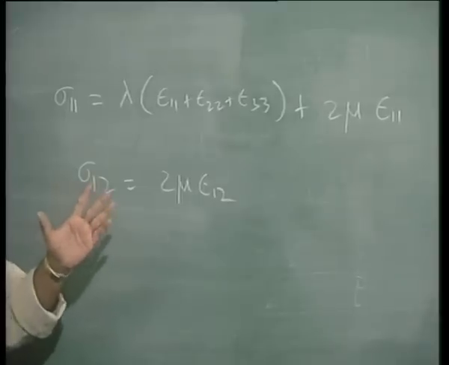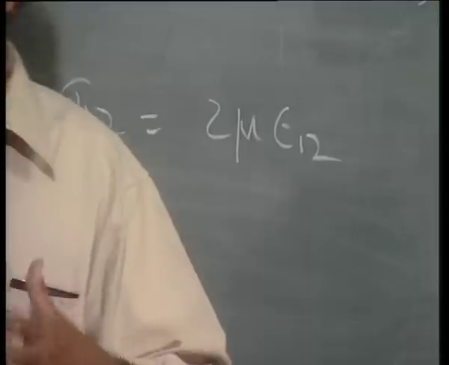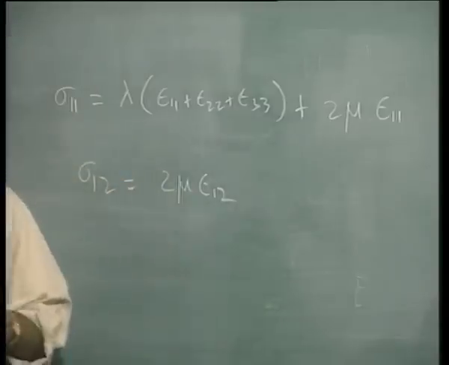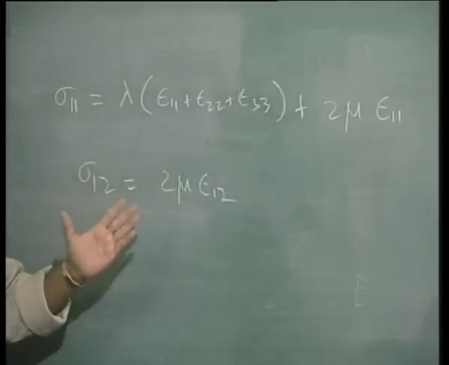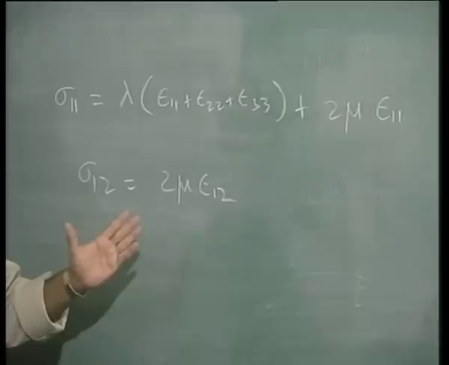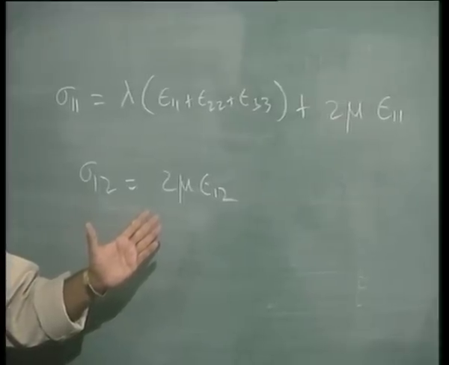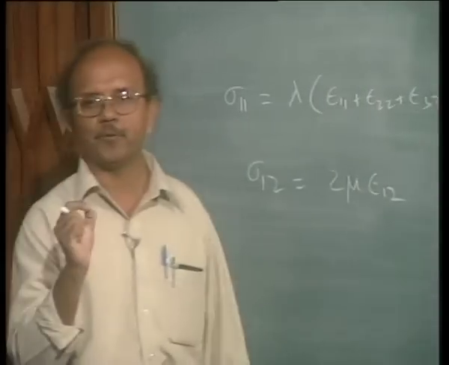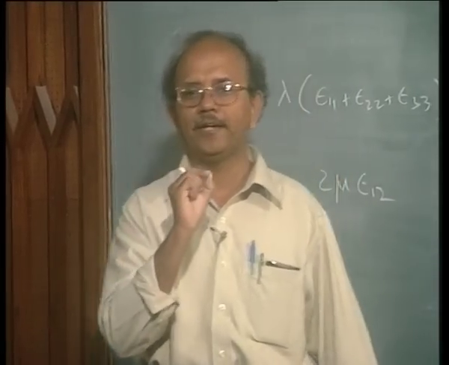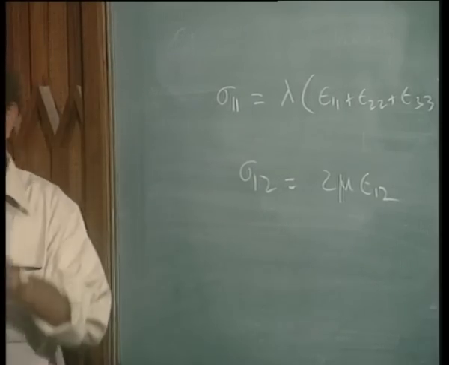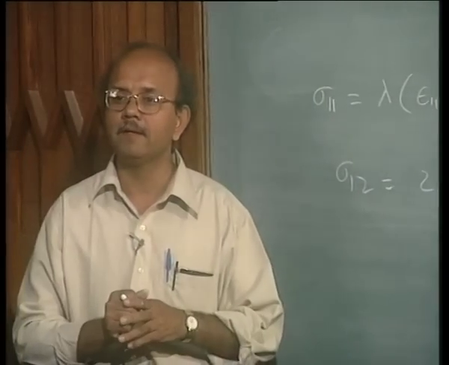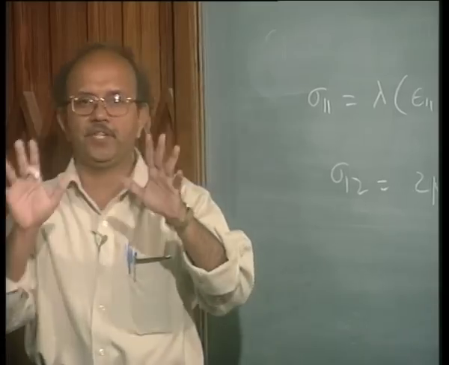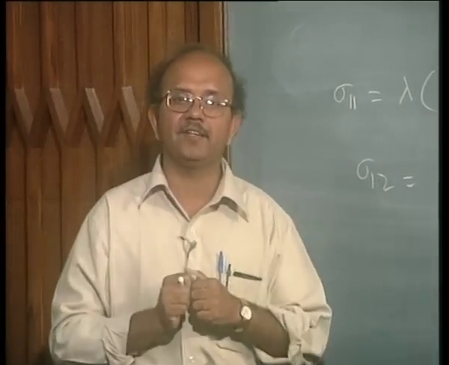The problem with us is that we are so familiar with E. What is shear modulus? What is the definition of shear modulus? See, the problem with finite element and other things is you have to be very clear with definitions. Yeah, what is it? Shear stress by shear strain, very good. What is this shear strain?